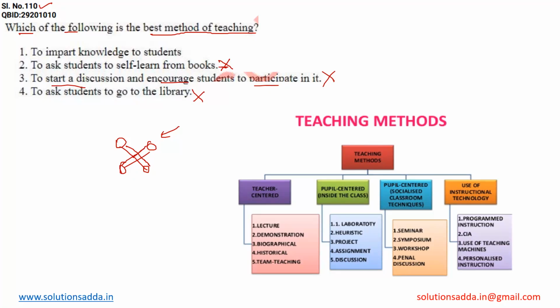So by observing these options, we can say the correct option for this question is going to be option number 1. But what is the meaning of to impart knowledge to students? Imparting knowledge means to make something known to someone.